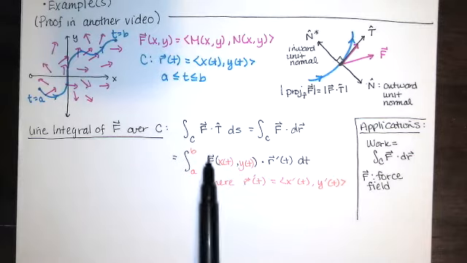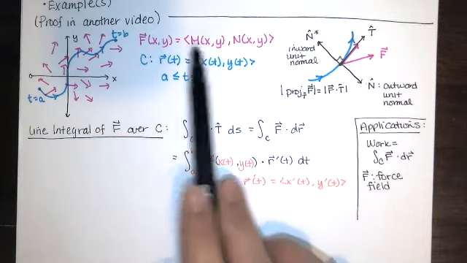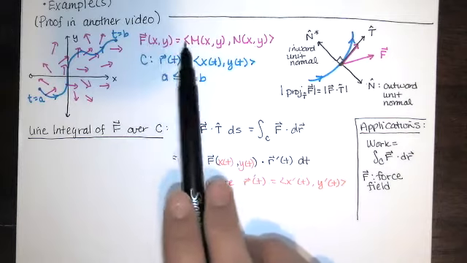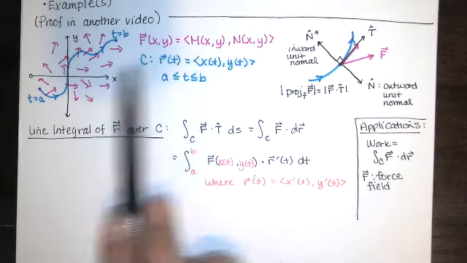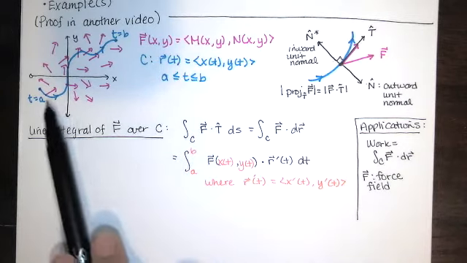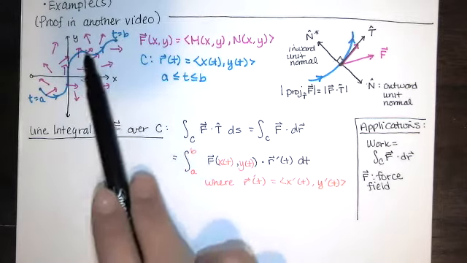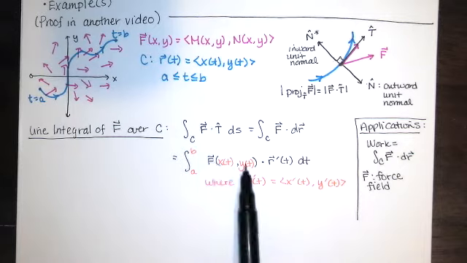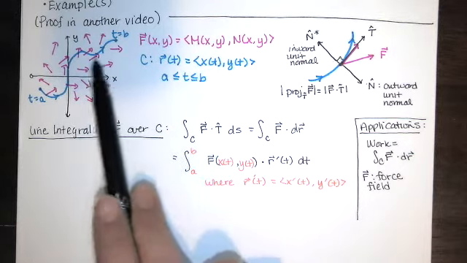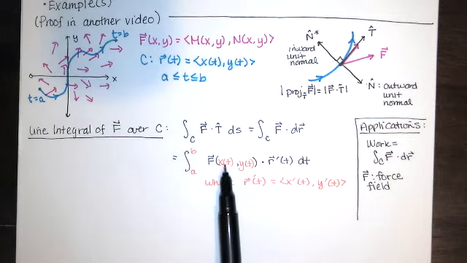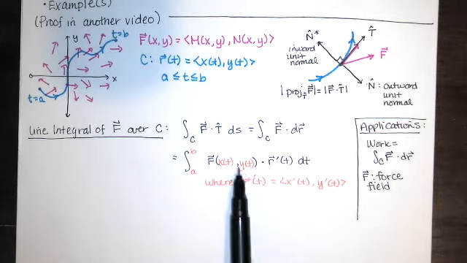So now I've got my field as a function of time. It wasn't originally a function of time. It was originally just a function of position in the xy plane. But as I travel along the curve, I'm experiencing different fields, different forces. So this is the force that I would experience if I traveled along this curve and was at this location at a particular time.